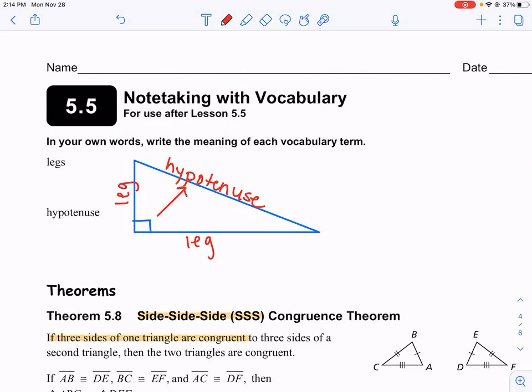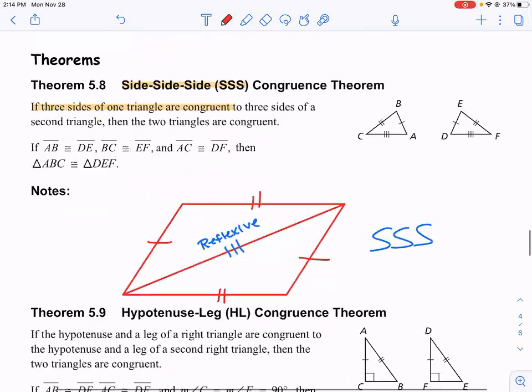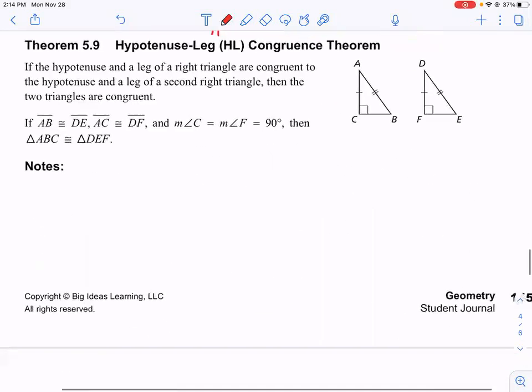Now, we have a congruent triangle theorem called hypotenuse leg, HL. If the hypotenuse and leg of a right triangle are congruent to the hypotenuse and leg of another right triangle, then the two triangles are congruent.